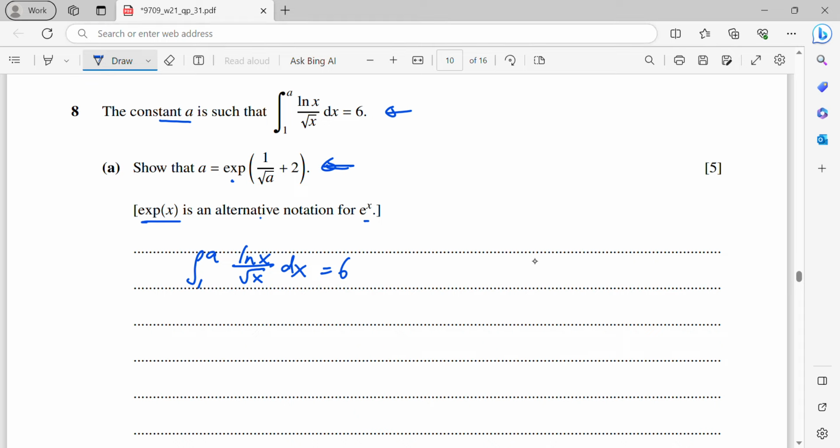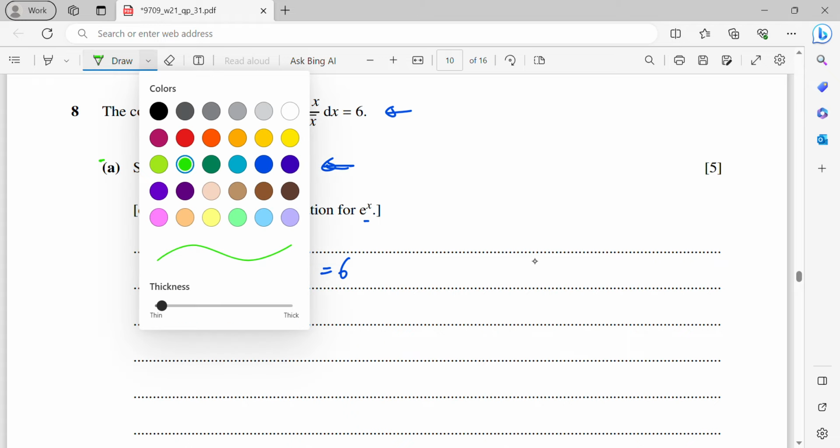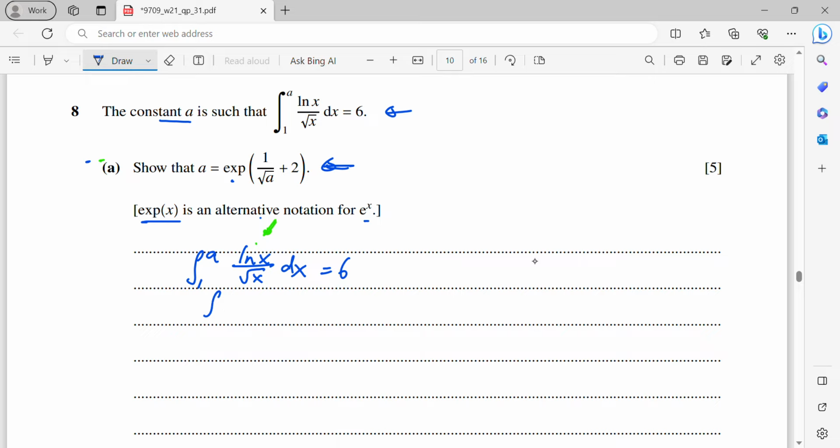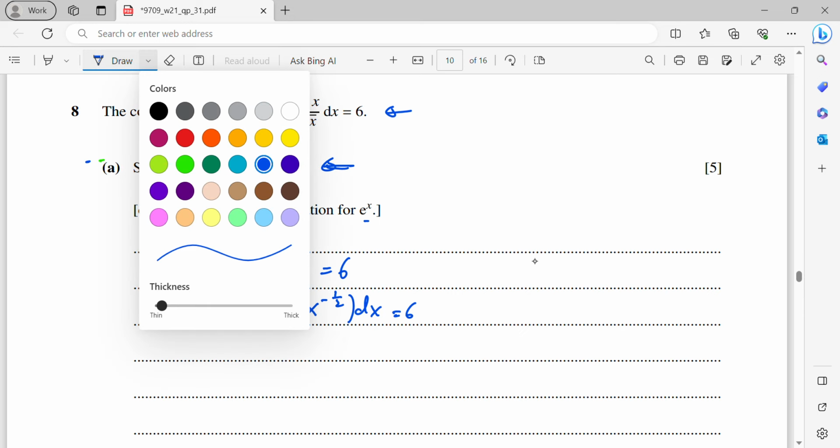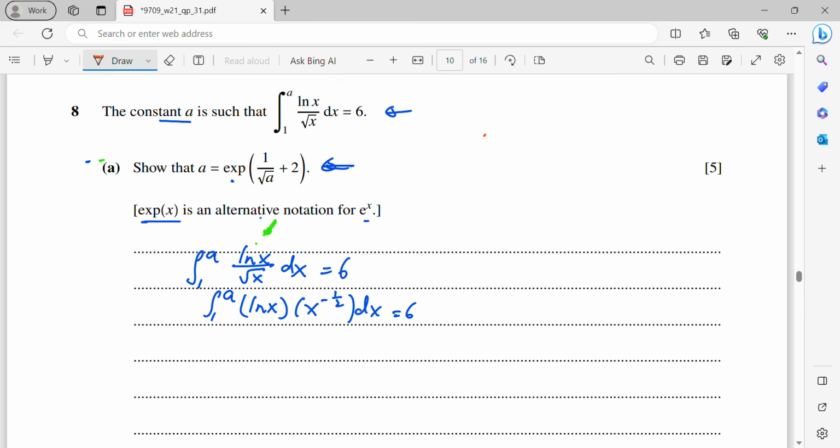Now, when you need to solve this integration, you have ln, you have 1 over square root x. This is basically the integral from 1 to a of ln x times x to the power of negative half dx equals 6. When you need to integrate a product of these two terms, we need to apply integration by parts.